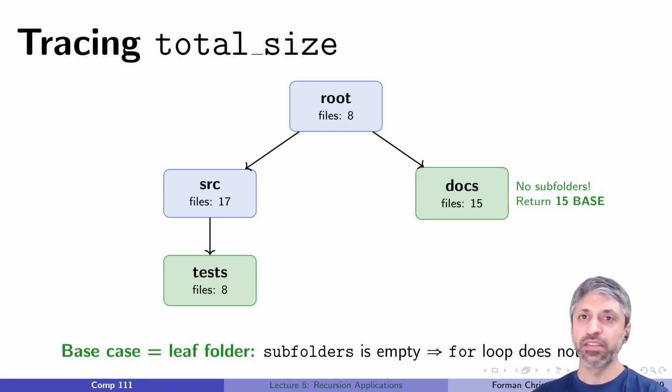And what do you get here? So basically this is going to be 8. 8 plus 17, that's 25, and 25 plus 15, that is 48.